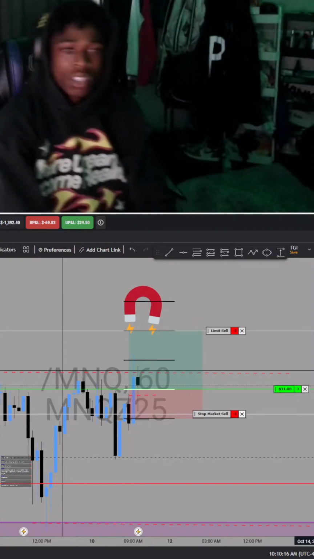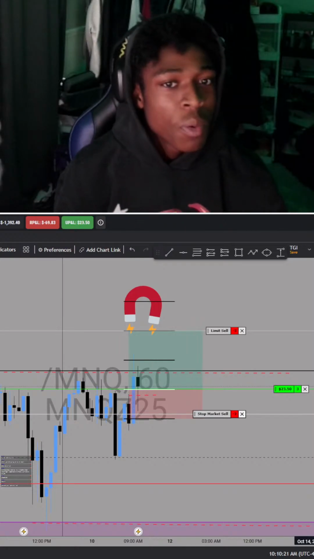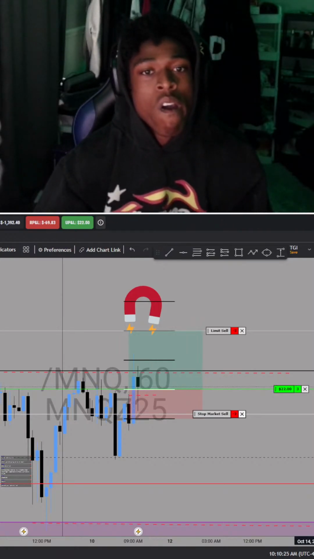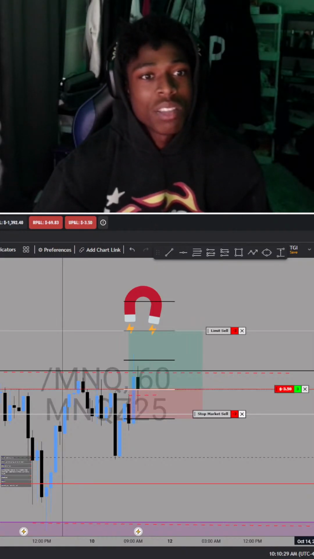We still consolidating. Max, what's your take on it? You think we going lower from here? I feel like price is really in between on that.